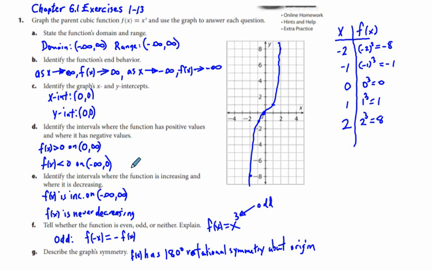So when you have a power function, the exponent of the base x, the independent variable, determines whether that is an odd or even function. If that exponent is an even number, that's an even function. If that exponent is an odd number, that's an odd function. Works every time, as far as I can see.